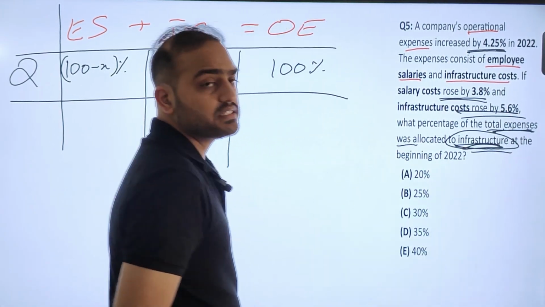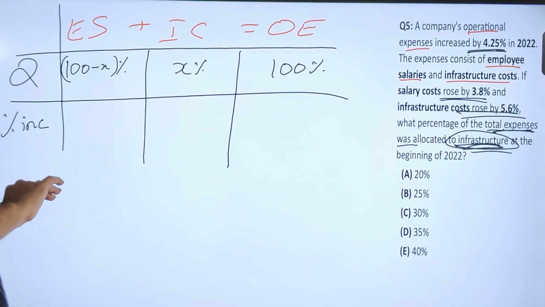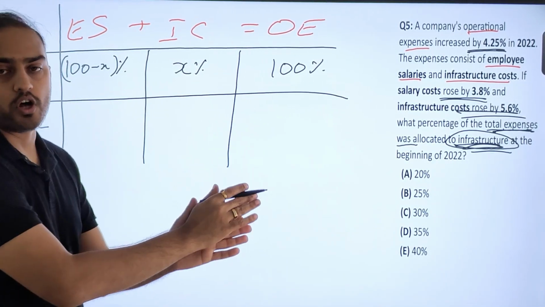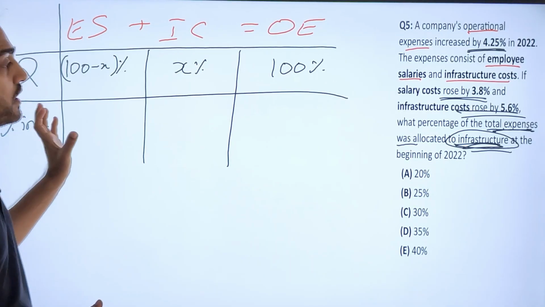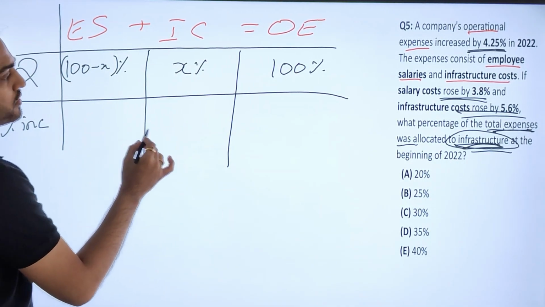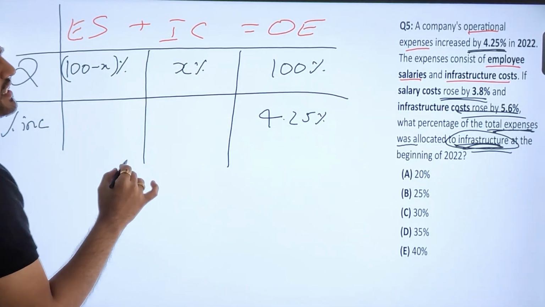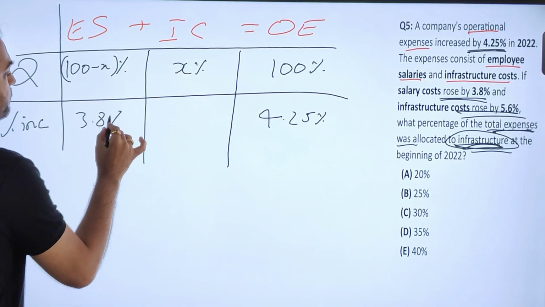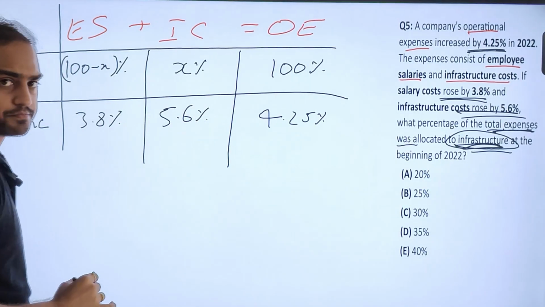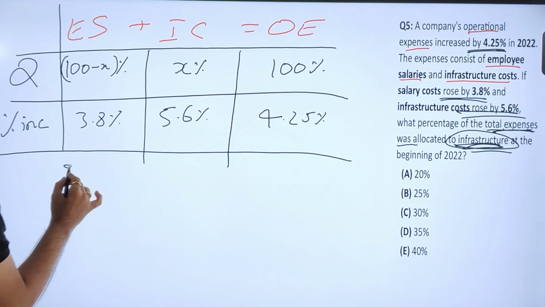As I told you, you can make the equation for whatever you want. You just have to keep the factor same for all. So we are making the equation for percentage increase. The percentage increase is overall 4.25. Employee salary is 3.8 and infrastructure is 5.6. Table complete. Let's make the equation and solve.